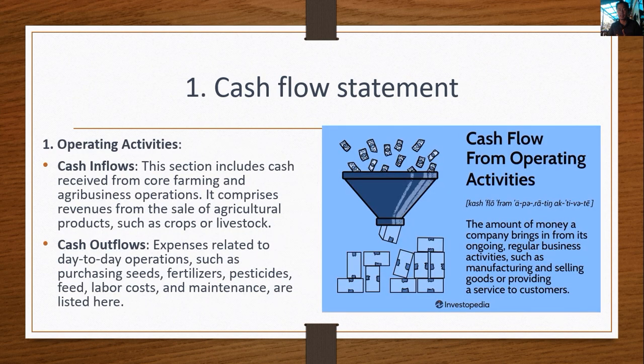Number one is the operating activities. Your cash inflows include the cash that you have received from core farming and agribusiness operations. It comprises revenues from the sale of agricultural products such as crops or livestock.